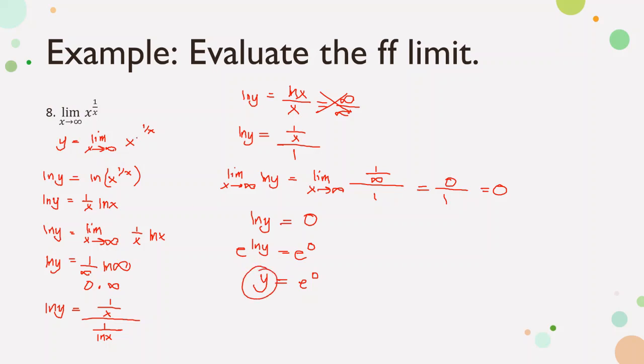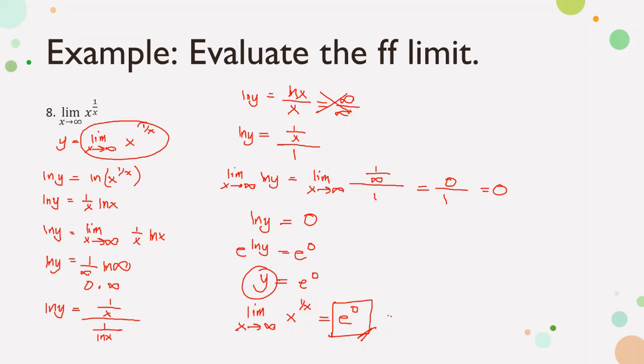And as we know, y is equivalent to this. So the limit of x approaches infinity of x raised to 1 over x is equivalent to e raised to 0. As we know, e raised to 0 is a constant value if you calculate that, so that is already our final answer.